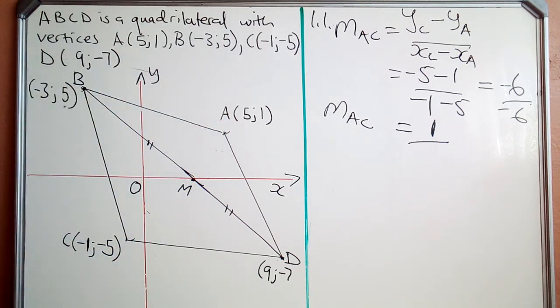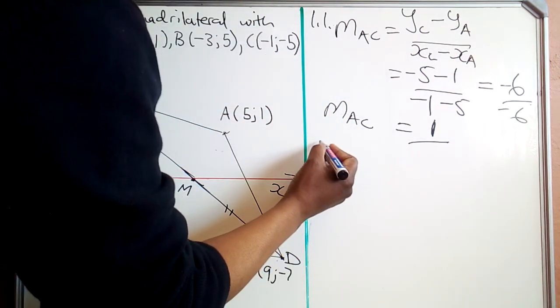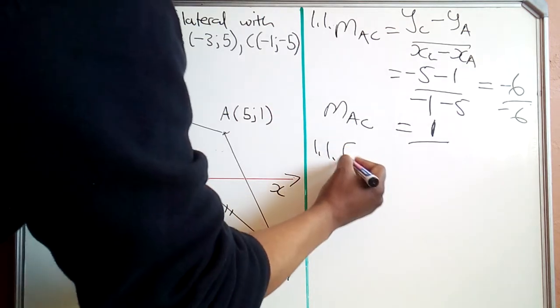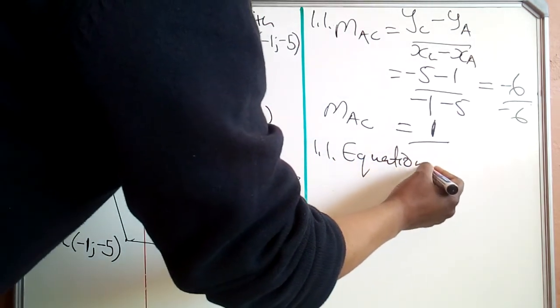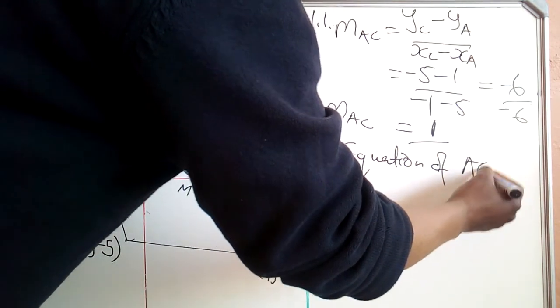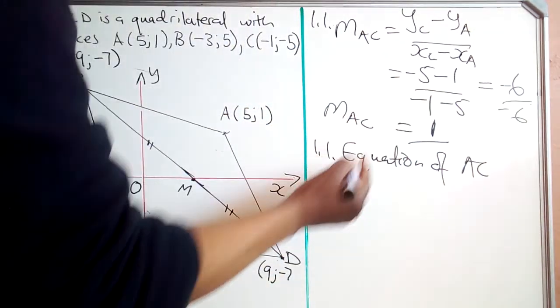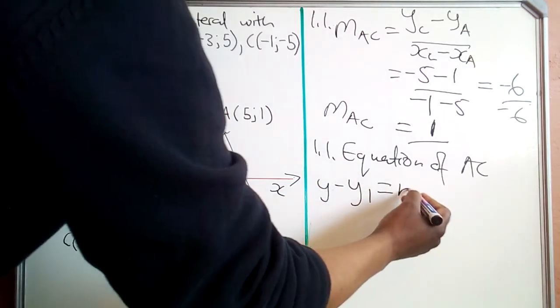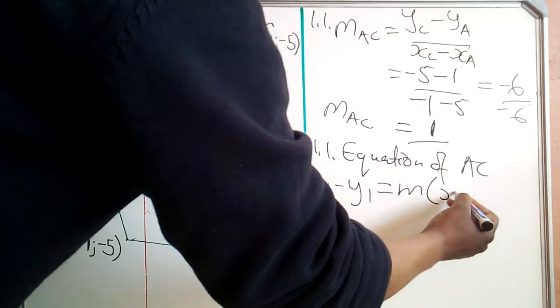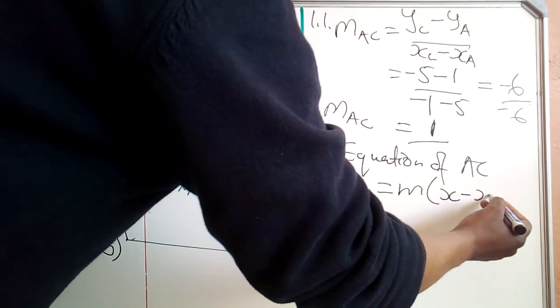So we want the equation of a straight line in the format y is equal to. The easiest way to go about it here is to use y minus y1 is equal to m open bracket x minus x1.